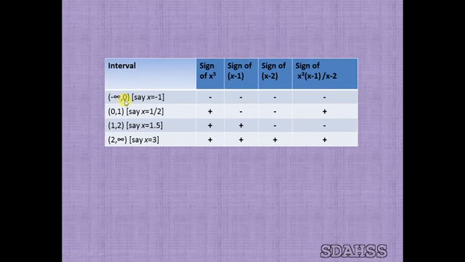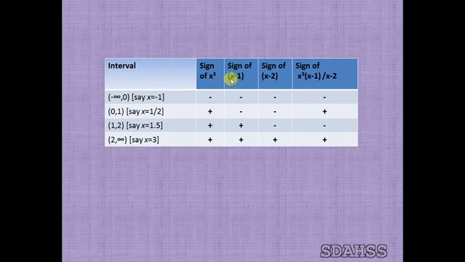In the first interval minus infinity comma 0, you take down any one of the in-between values. Say for example x is equal to minus 1. Substitute x is equal to minus 1 here, you will get negative. We don't want the answer, we want only the symbol minus.